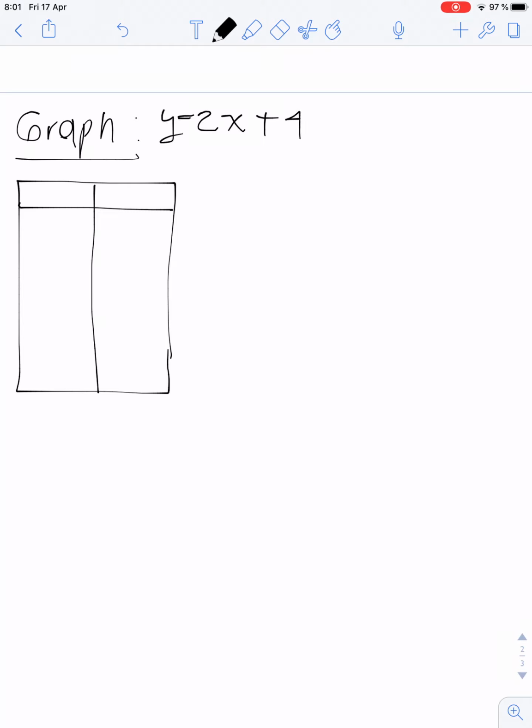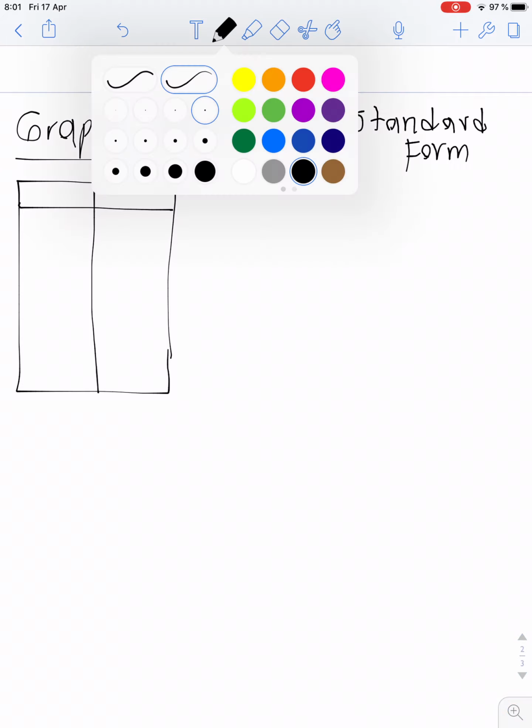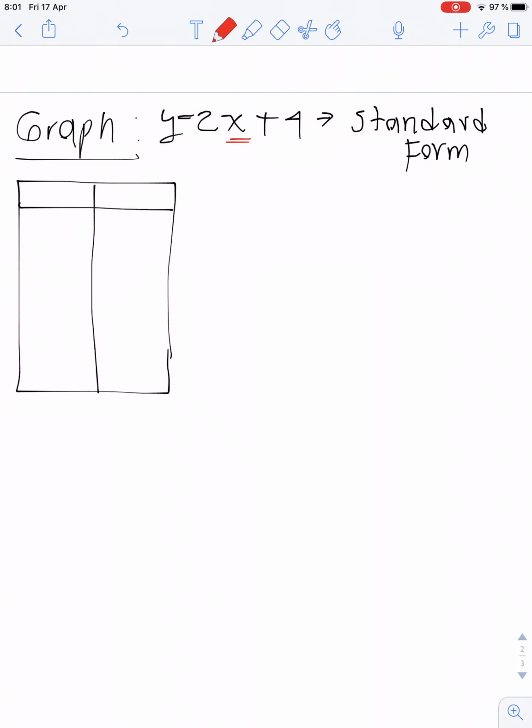Remember, to graph a linear equation, you need to get the equation in the standard form. In this case, we're going to create values for x. Values for x can be 1, 2, 3, 0, minus 1, minus 2. Try to include negative and positive values.